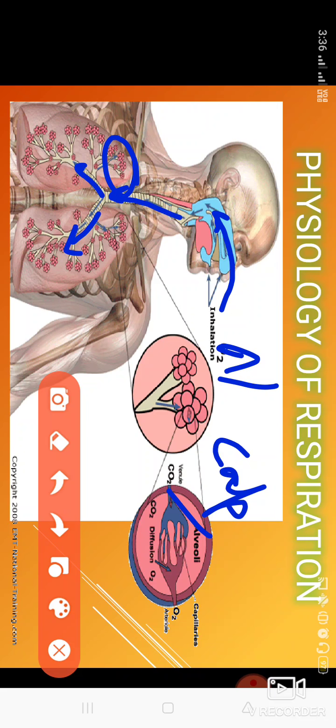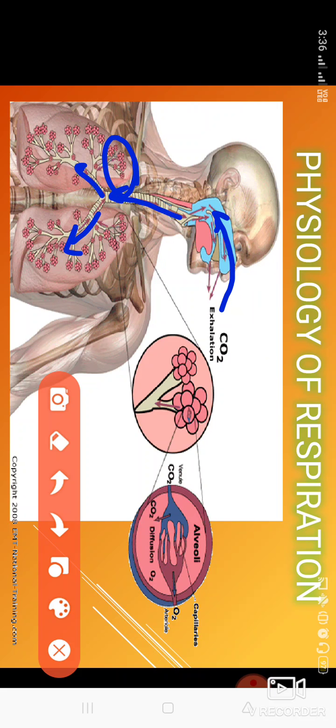So here, during this exchange process in the alveoli, diffusion is a process in which the particles move from higher concentration to lower concentration. Because the alveoli are filled with oxygen, they have more oxygen than the capillaries. So oxygen is absorbed here, and once it is absorbed, it is transported to the blood.